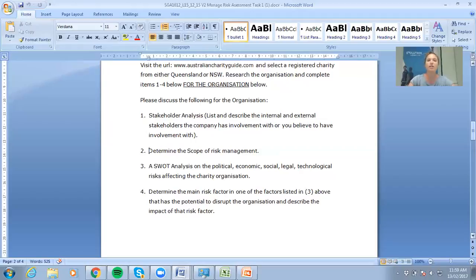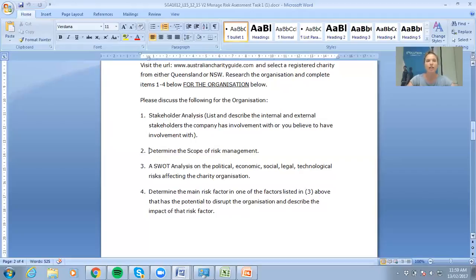SWOT analysis is looking at the strengths, weaknesses, and opportunities and threats. Okay, so looking at the charity, seeing what strengths they have in terms of their political, economic, social, legal, and technological status. Okay, then looking at their weaknesses. What weaknesses are associated with political, economic, social, legal, and technological? And same with opportunities and also threats.